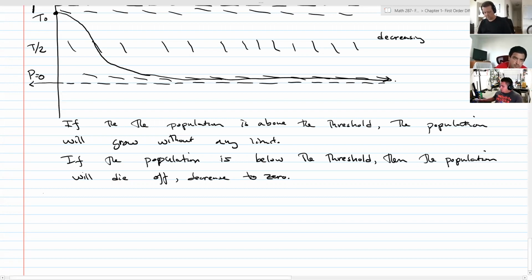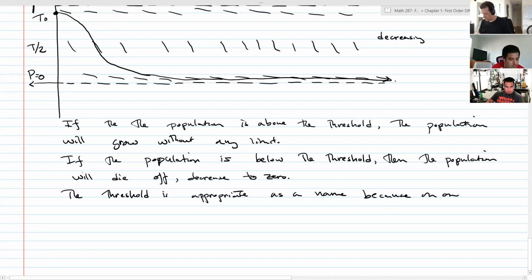The threshold is appropriate as a name because on one side of the threshold is growth, and on the other is a declining population to zero.